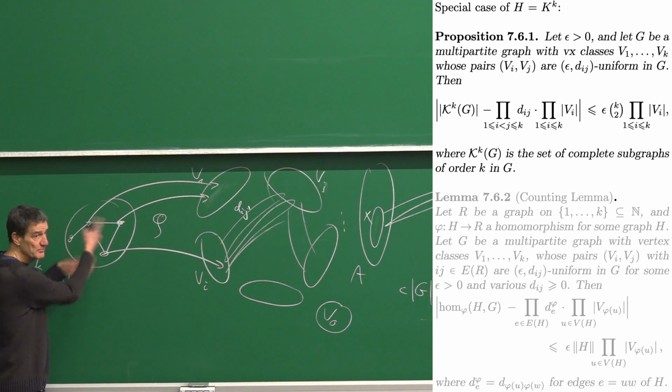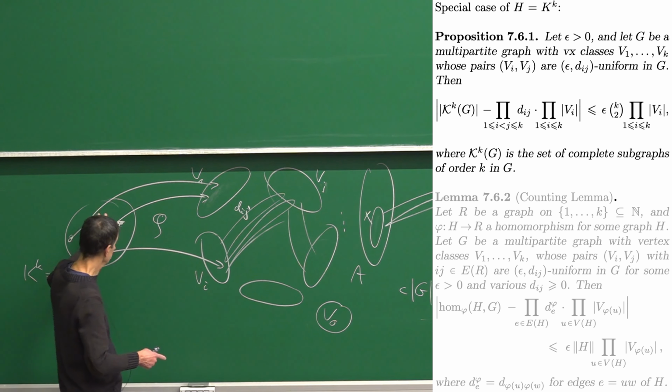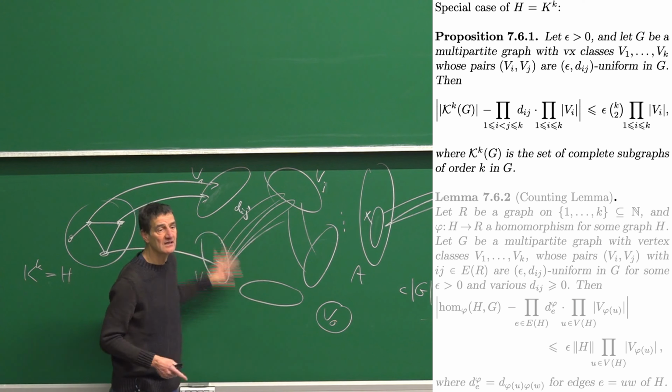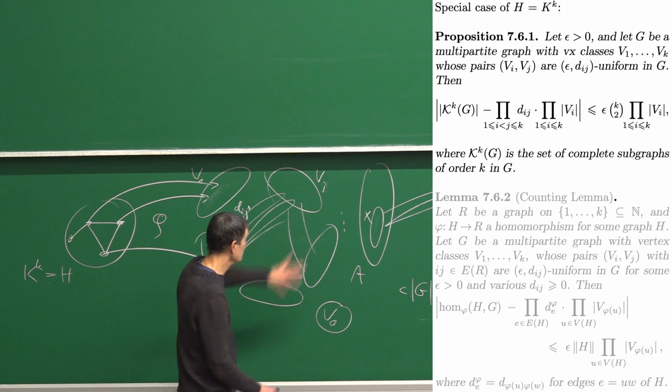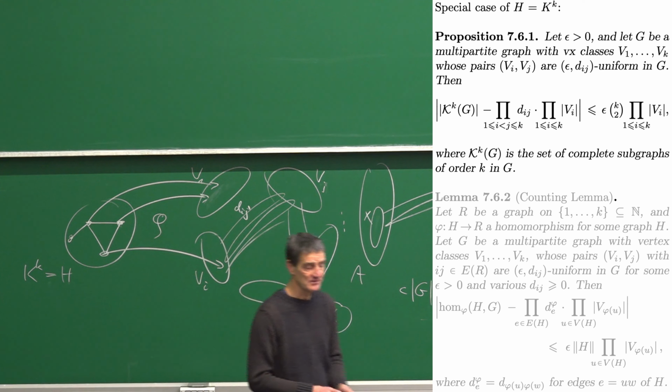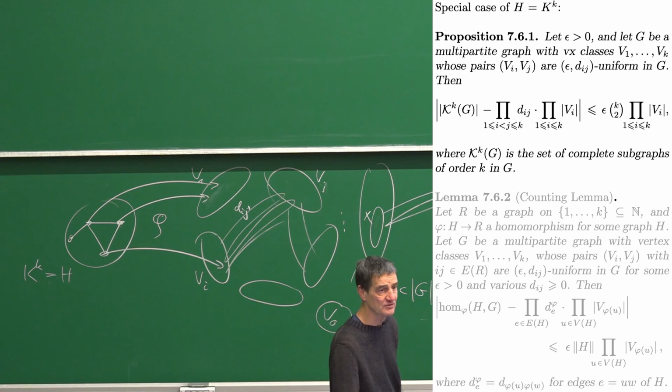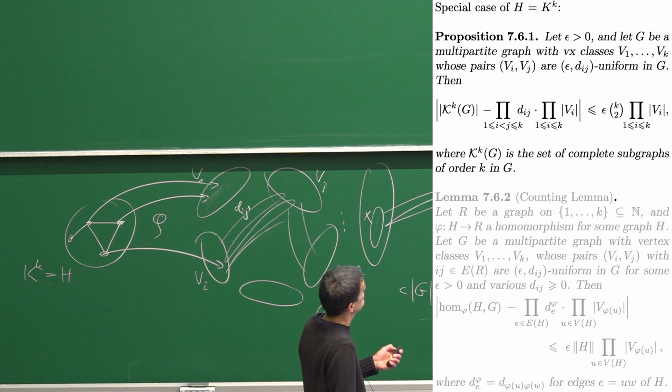We can permute the vertices of H and then send them over in many ways. So we have k factorial ways of doing that, and that factor k factorial is not coming into play. We're just counting the subgraphs at the moment.